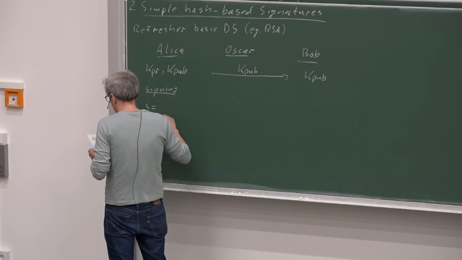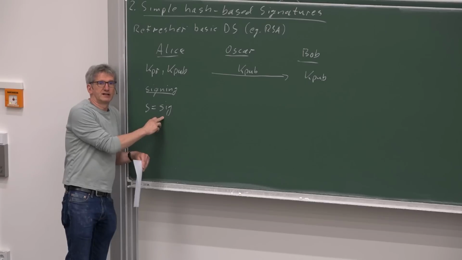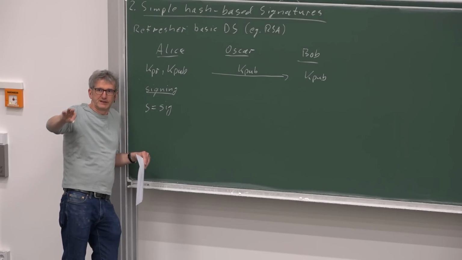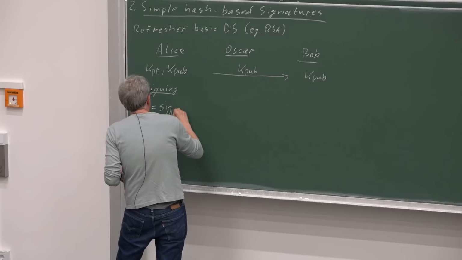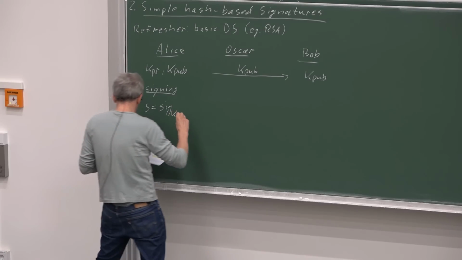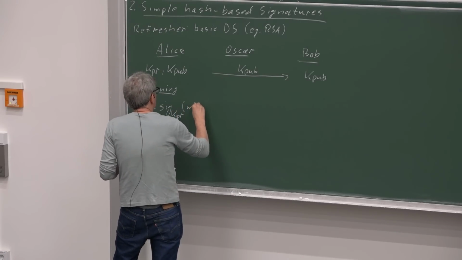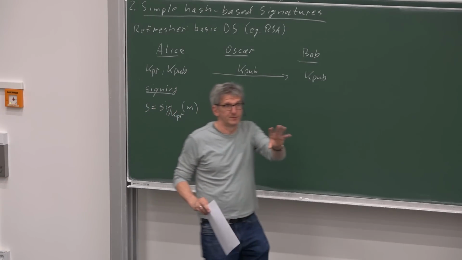Let's call the signature S. So we have a signature algorithm. And again, we talked about that. We had El-Gamal digital signatures and RSA digital signatures, which in our notation have the index K private on the message M here, okay? And this is going to play a role in about 10 minutes, right?